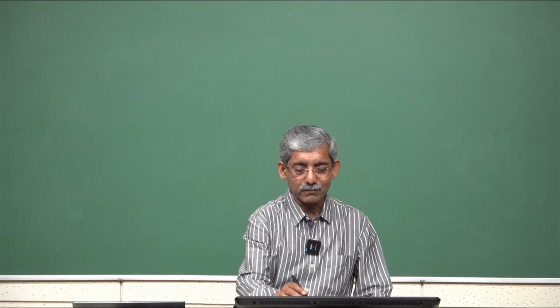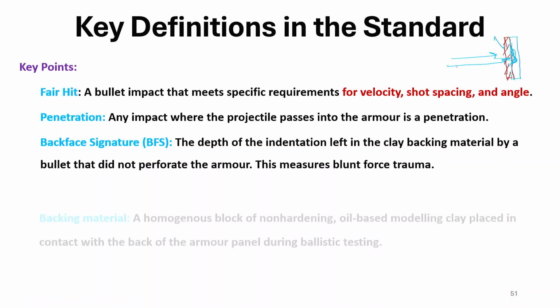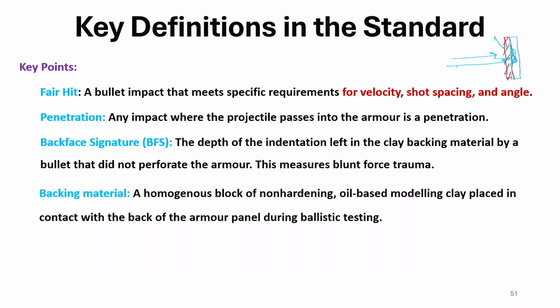So, at the back face how much it is deflected, that we try to measure. The person may not die, but there will be severe injury, and it may sometimes be fatal if the back face signature is very high.